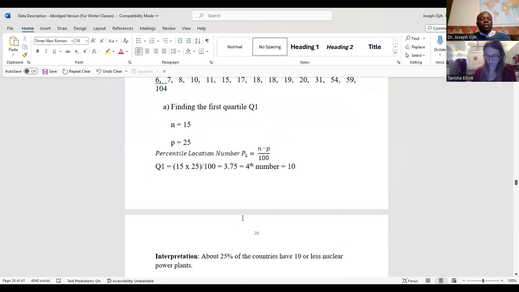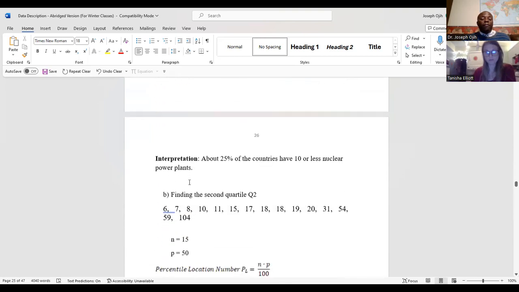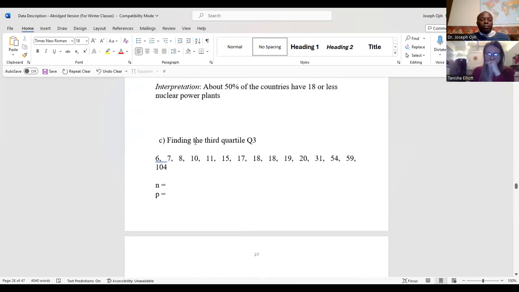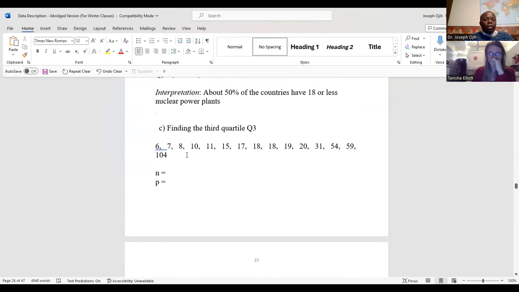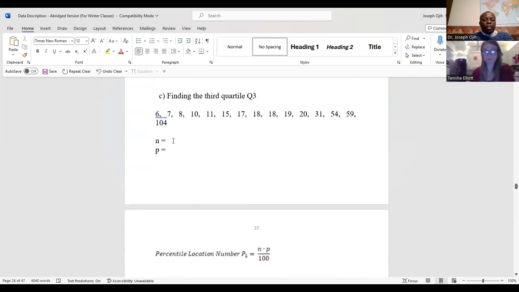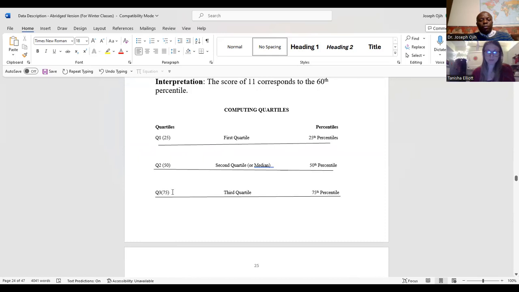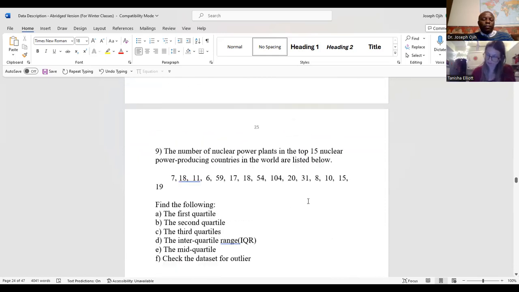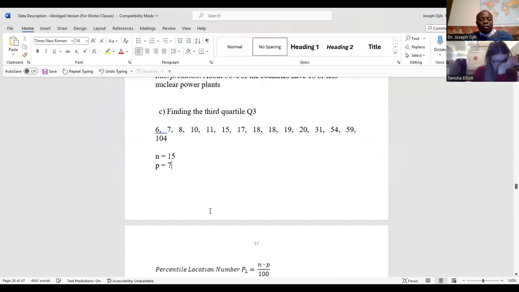All right, good. So remember it says find the third quartile, which is Q3. For Q3, again, you put them in order, arrange them in order from smallest to largest. It is still 15. And for Q3, if you look at the chart that I showed you, Q3 is the 75th percentile. So in that case, our P will be 75 here.